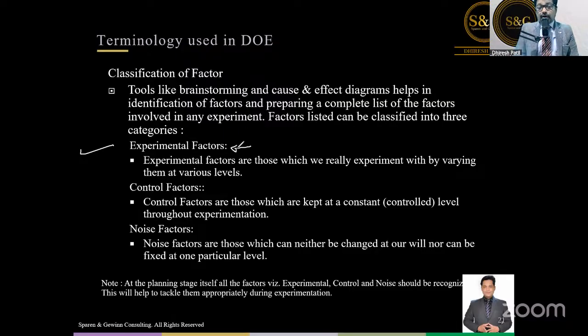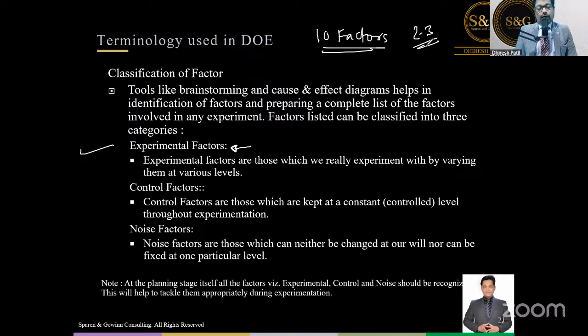Why can we not experiment with all the factors? Type in the chat box. Let's say there are a total of 10 factors. Why should we not take all the 10 factors for the experiment, and why should we take only 2 to 3 factors? Tell me in the chat box. What do you think about it? Think about it.